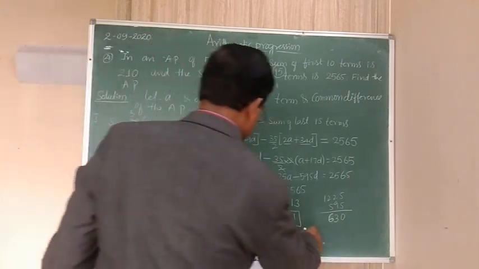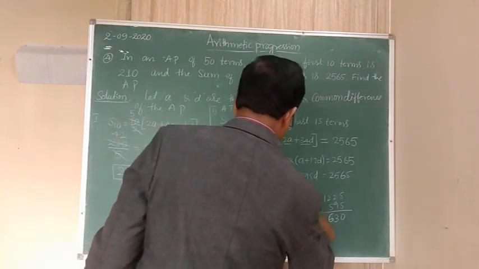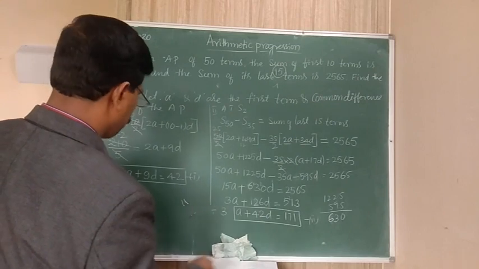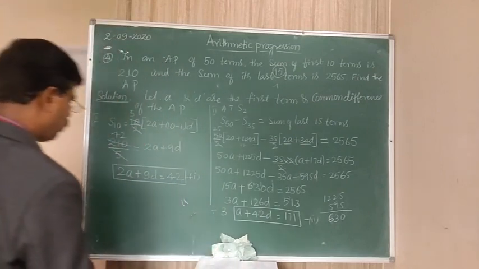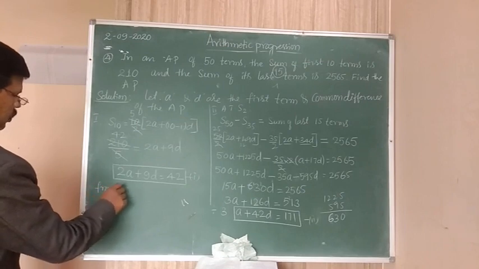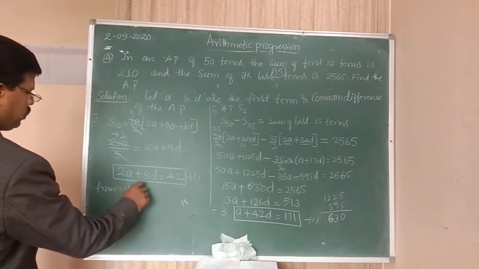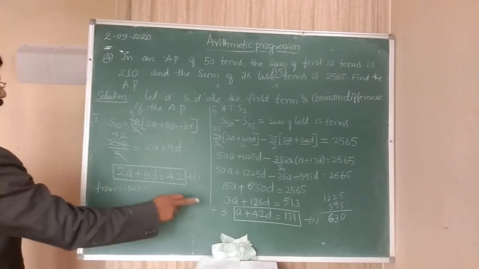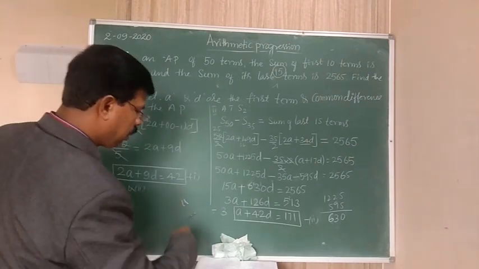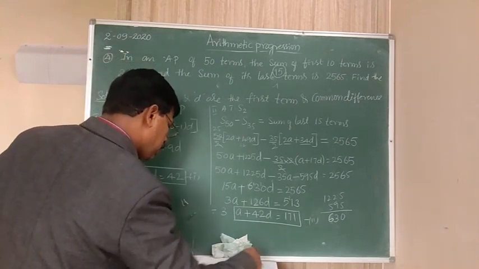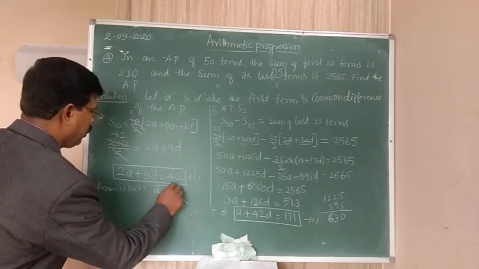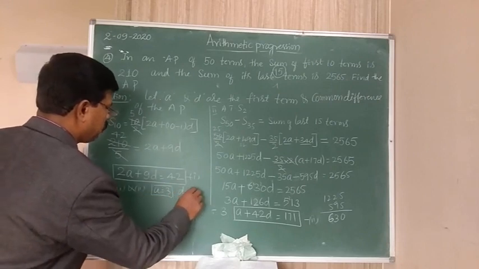We call this equation number 2. Now from 1 and 2, so I am writing from 1 and 2, two simultaneous equations. You know how to solve that. According to that, you will get a is equal to 3 and d is equal to 4.